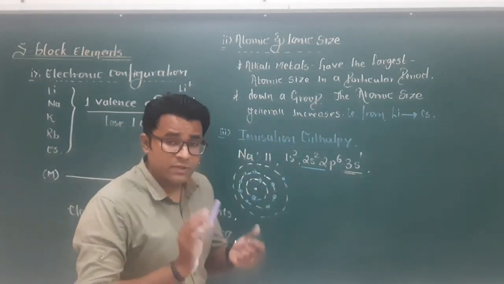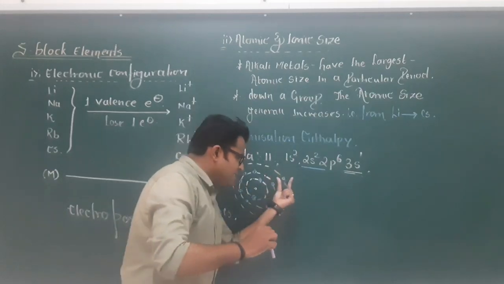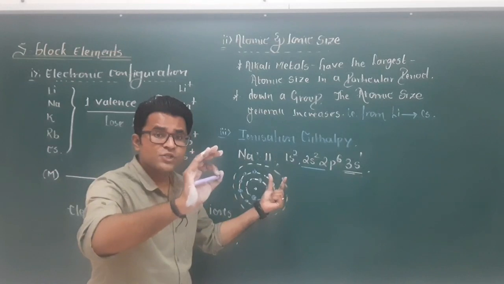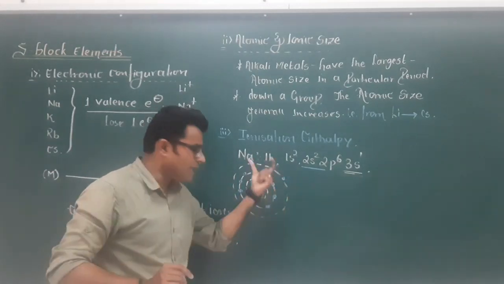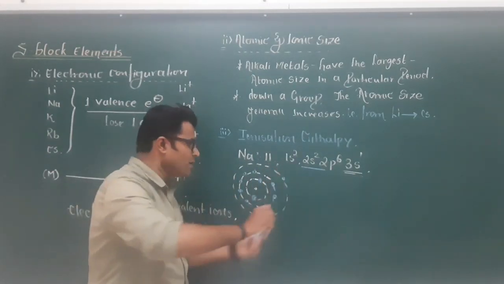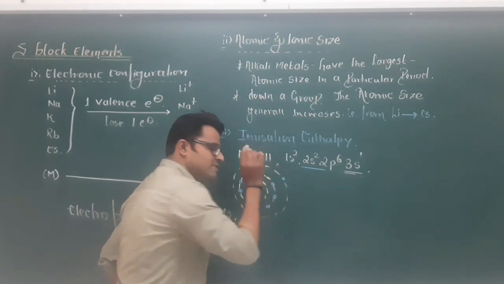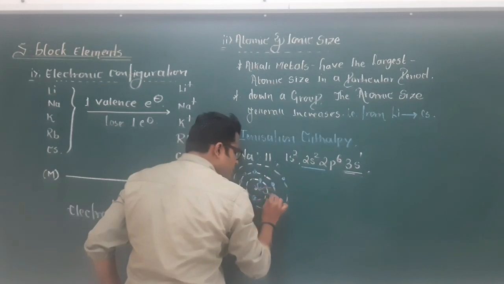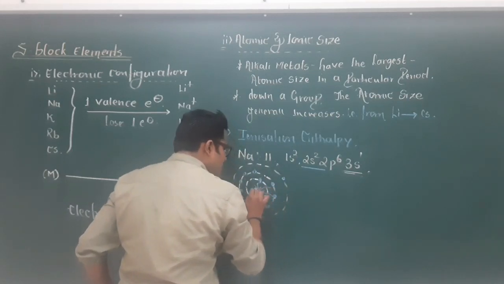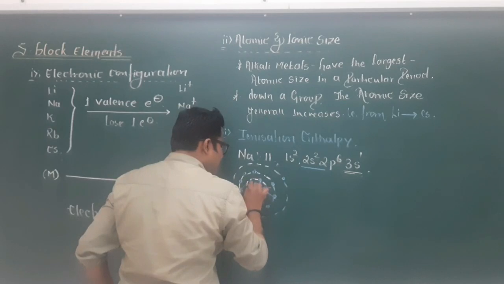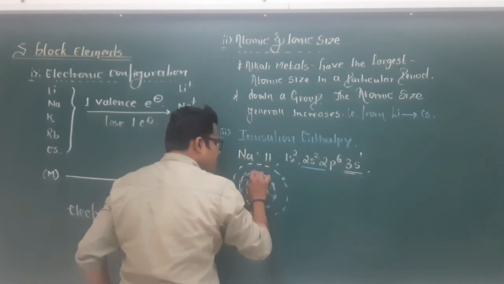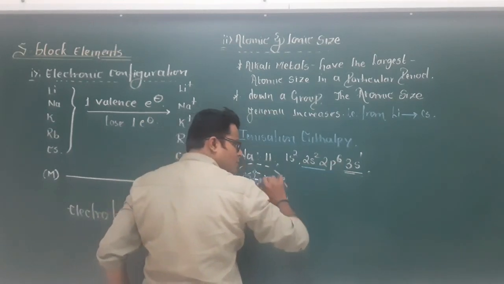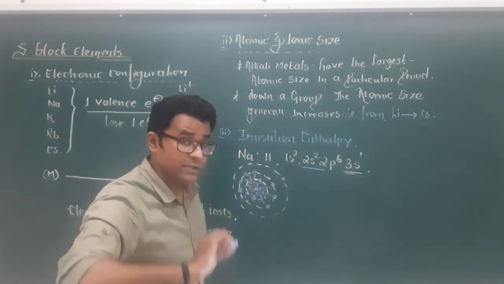So in this particular case, this outermost electron is perfectly shielded by the screening effect. It has been shielded from the nuclear charge. The nucleus is perfectly surrounded by electrons in all directions, and therefore the effect of the nucleus on the outermost electron is reduced.